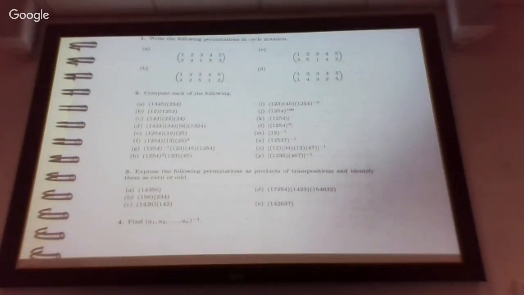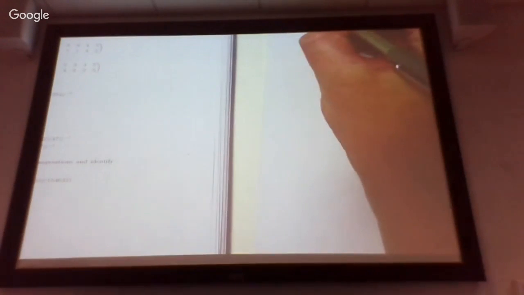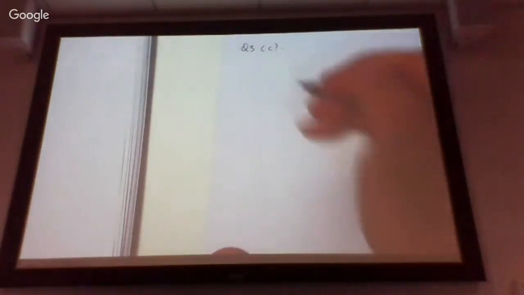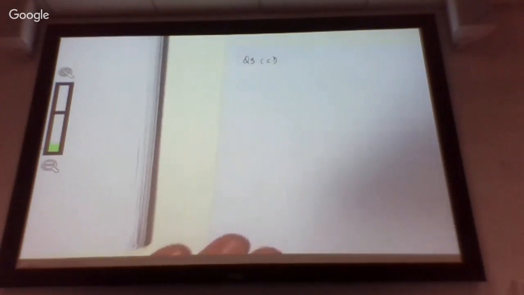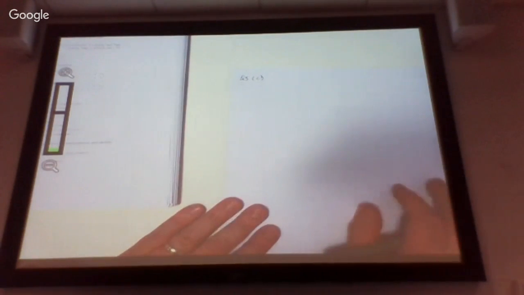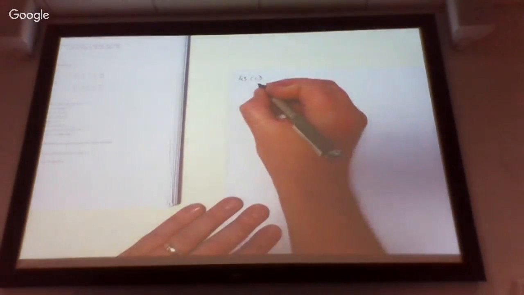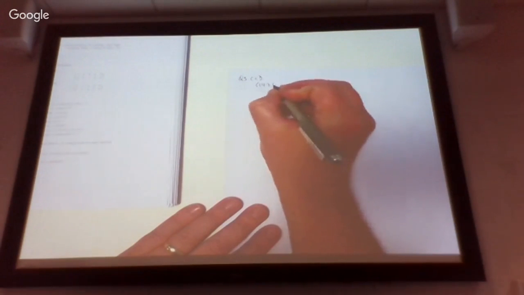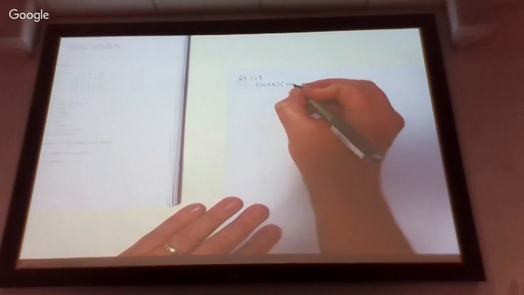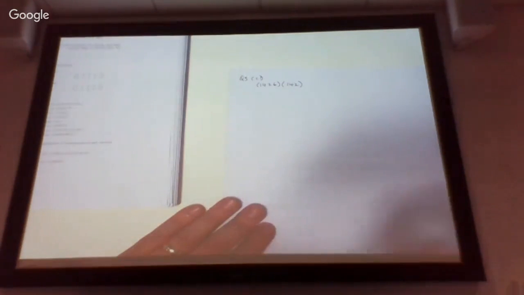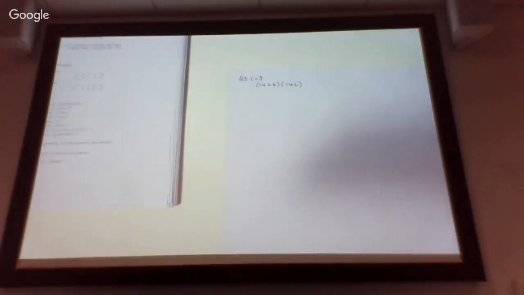Maybe one way to do an exercise that recaps a few of these things is, say, look at question 3C. The instruction is, take this permutation (1 4 2 6)(1 4 2) and express it as a product of transpositions and identify it as even or odd.